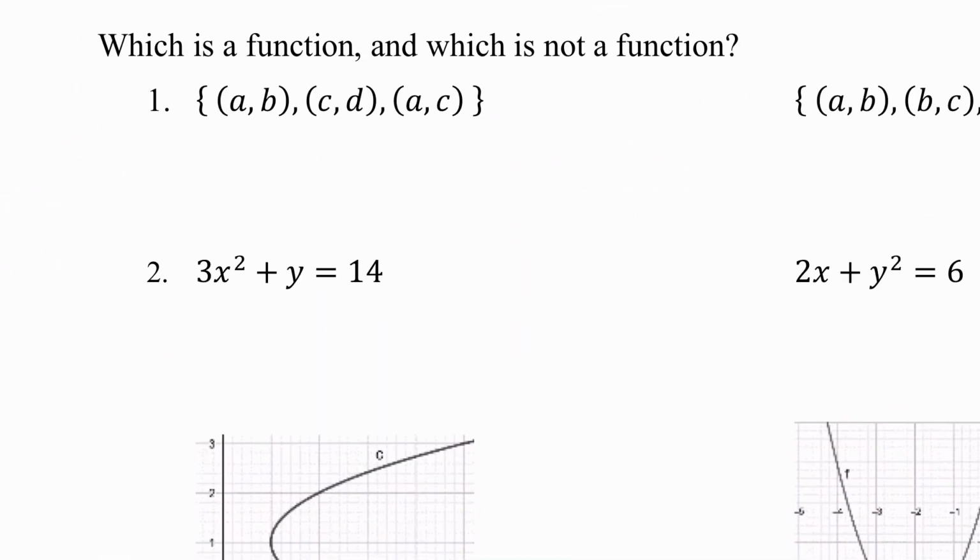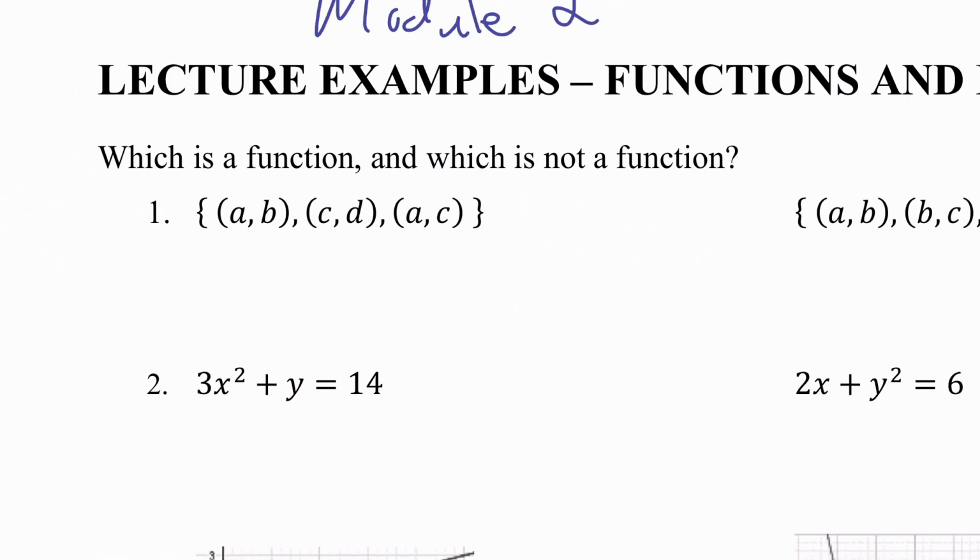The general term for these things is a relation. So these are all definitely relations. A relation is any mathematical thing that relates a set of inputs to a set of outputs, and vice versa.